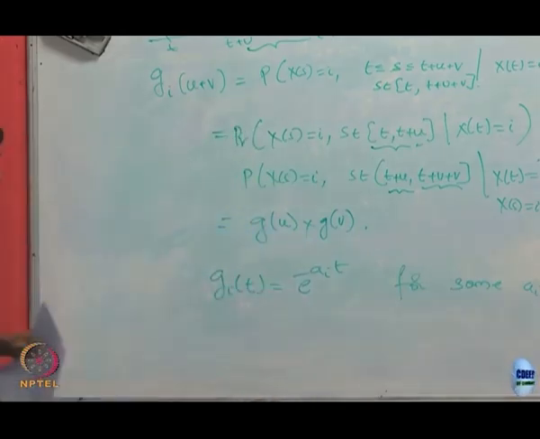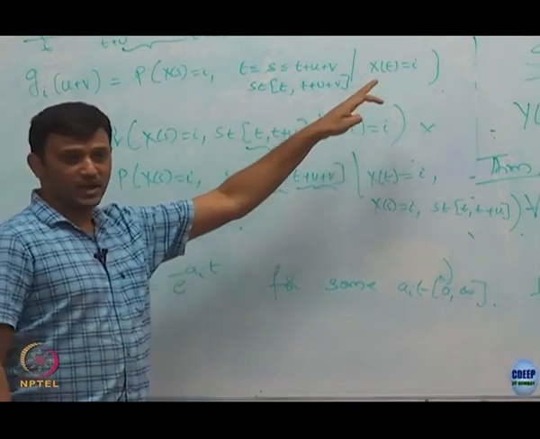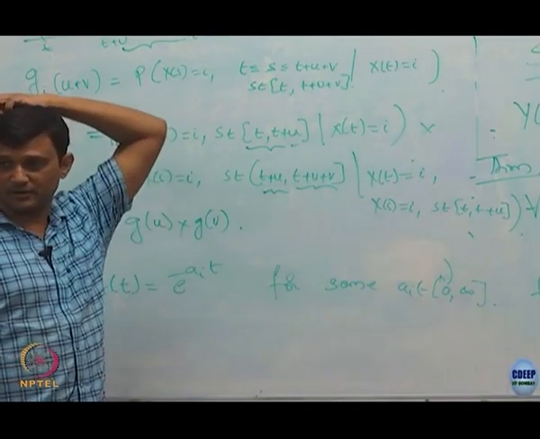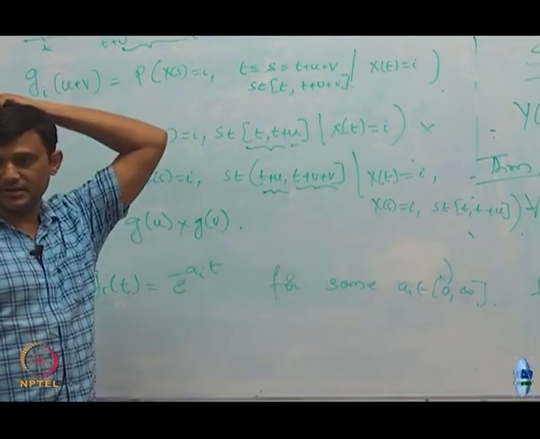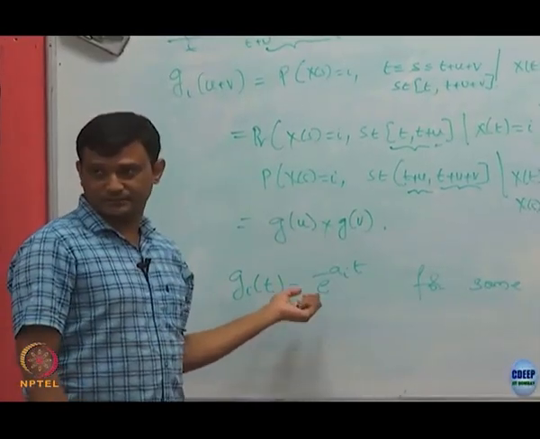So what we have basically said is, given that I am in state i, the amount of time I am going to continue to stay in it is again exponentially distributed.